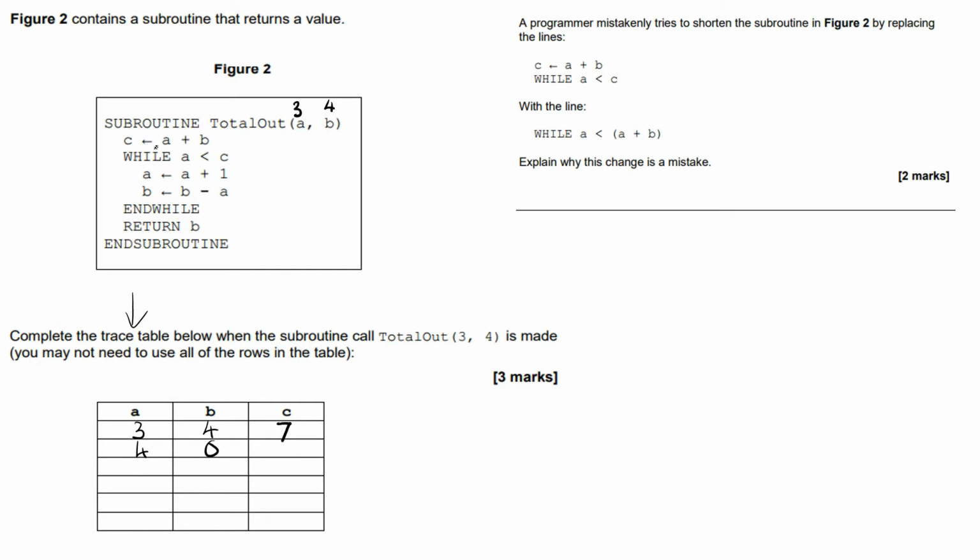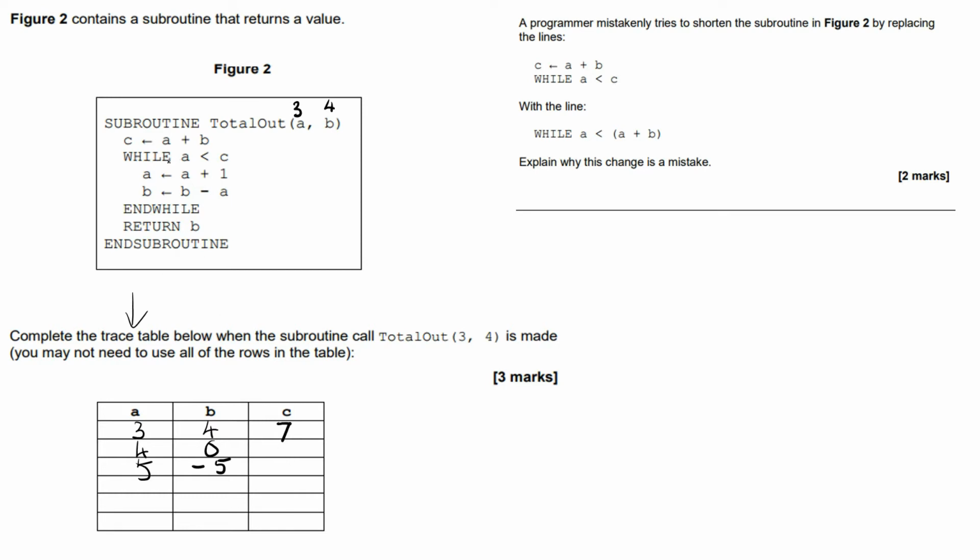So now it runs again. So at this point we've got 4 is less than 7, so it does run, and then A has 1 added to it, and B has 5 taken away from it, so it's minus 5, and C stays the same.